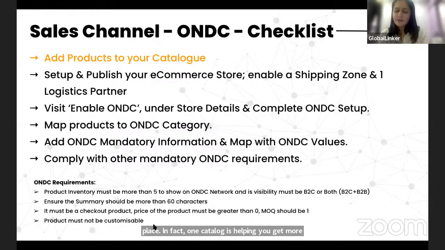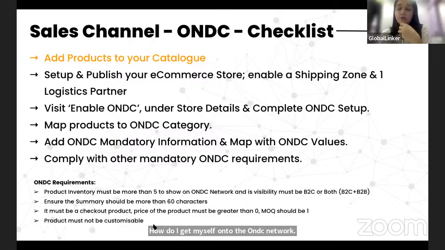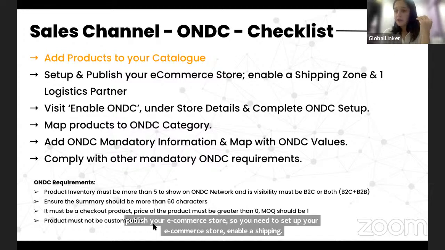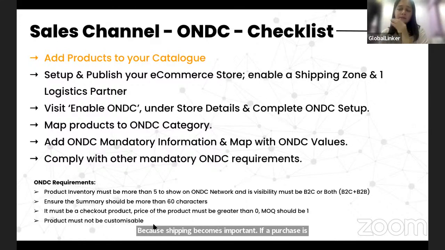How do I get myself listed onto the ONDC network? You add your products to your catalog, you set up and publish your e-commerce store. You need to enable a shipping provider, because shipping becomes important. If a purchase is made and you are servicing a particular shipping area, then you need to enable that over here, and also a logistics partner so that we know you're able to complete the shipping as well.